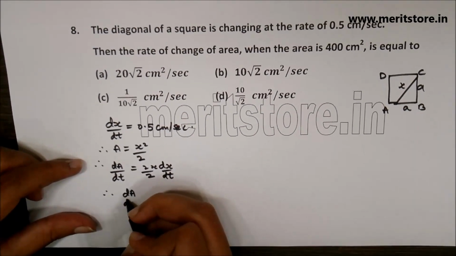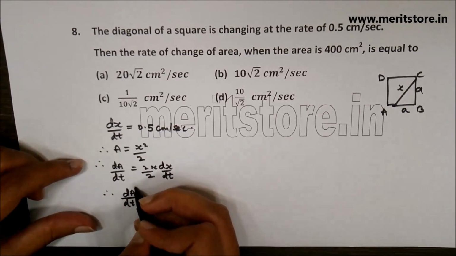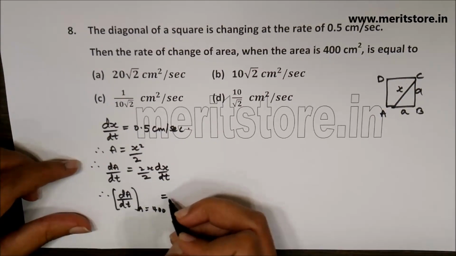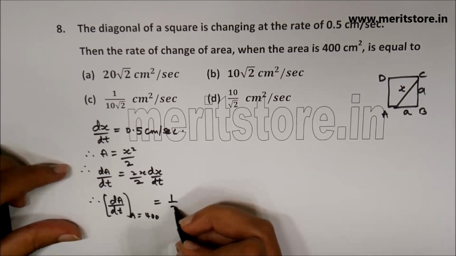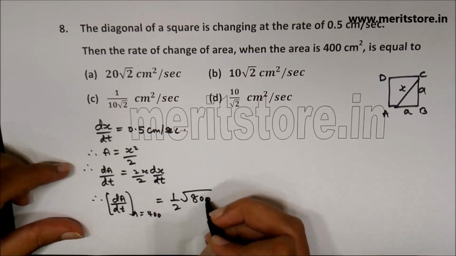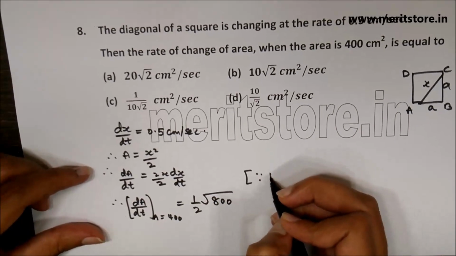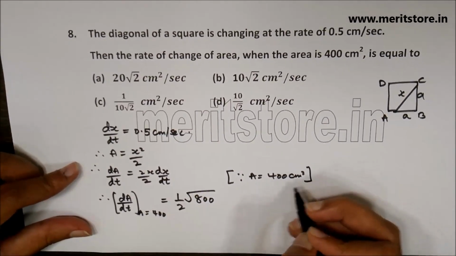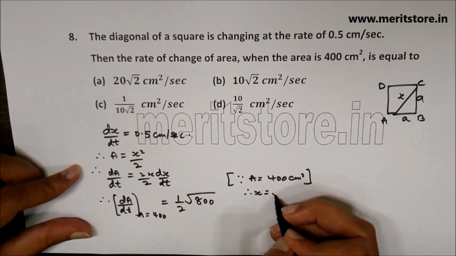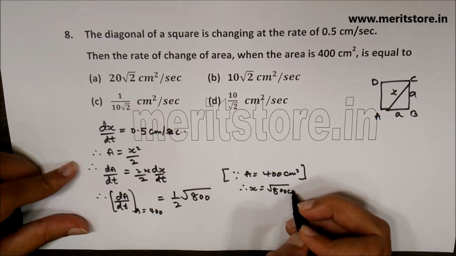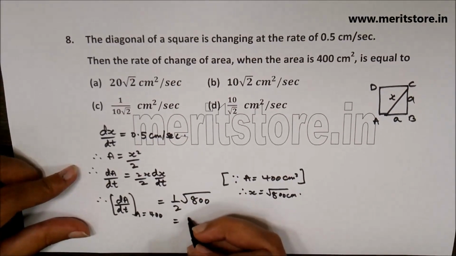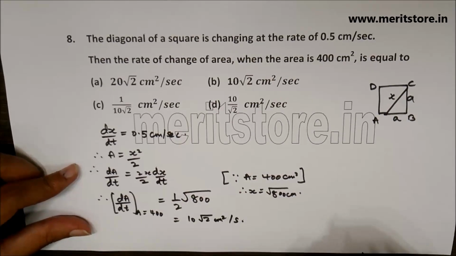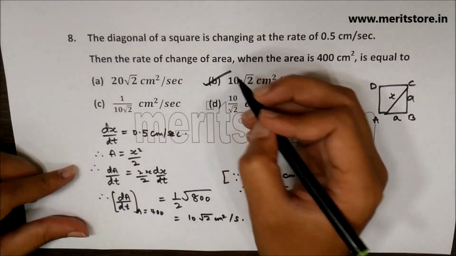Therefore, dA by dt at A equal to 400, we get half root of 800. Since we know that A is equal to 400 centimeter square, therefore x equal to root of 800 centimeter. By solving this, we get 10 root 2 centimeter square per second. So option B is the correct option.